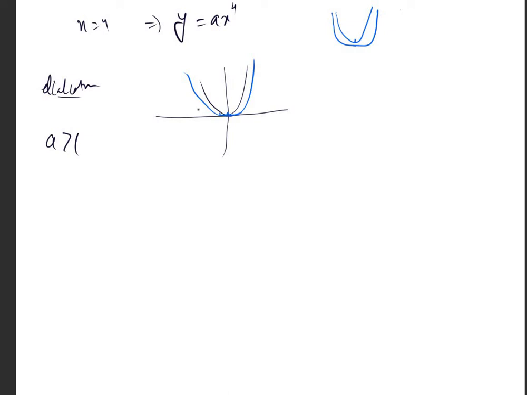The bottom will start to become even flatter. If you start increasing the value of a, it's going to have a wider base, right? And the rule for reflection stays as is. If a is negative 1, so I've got y equals negative x to the 4, this is how it's going to be.